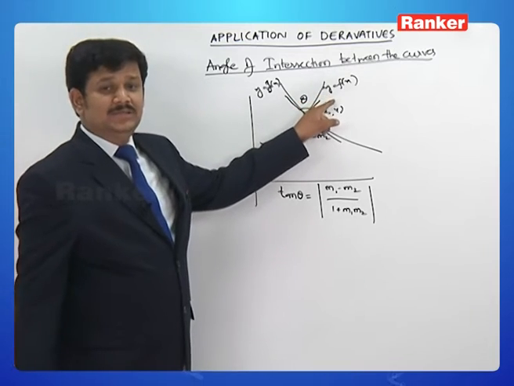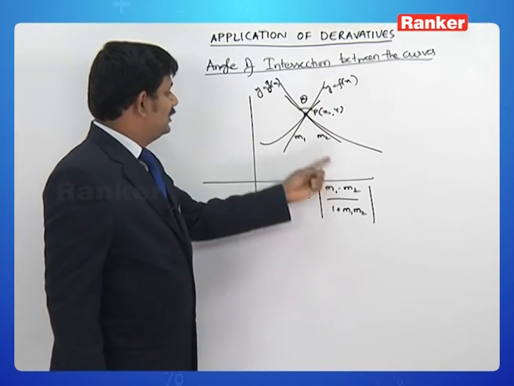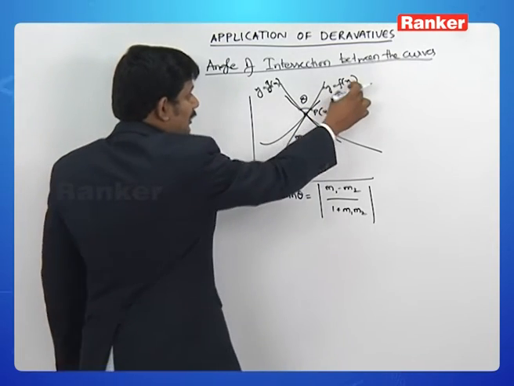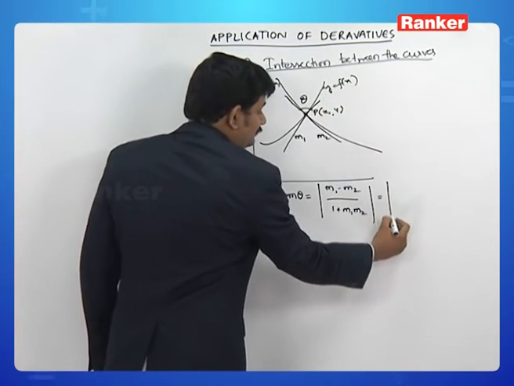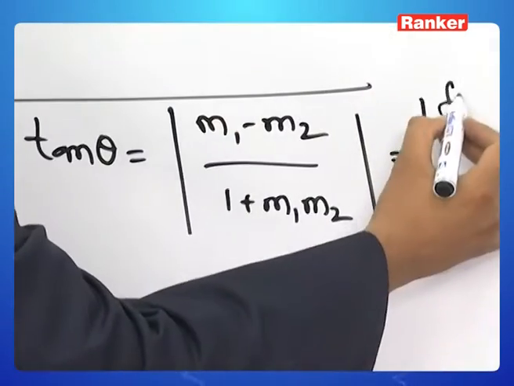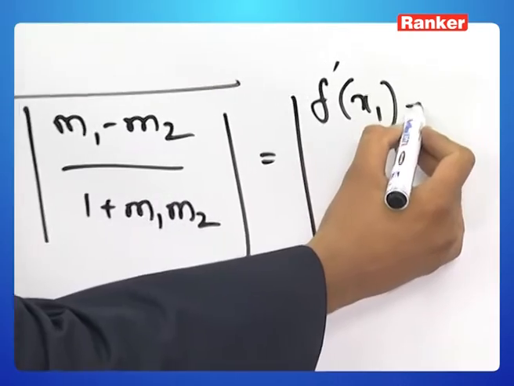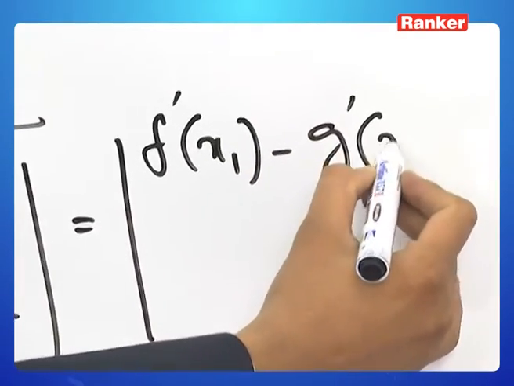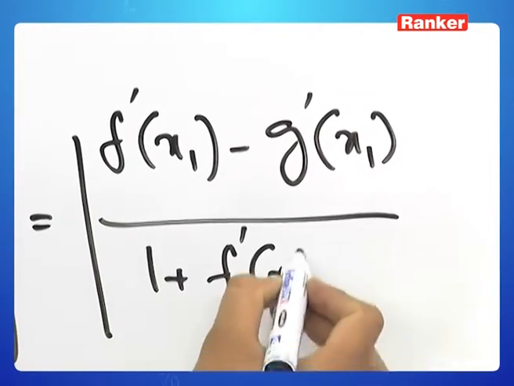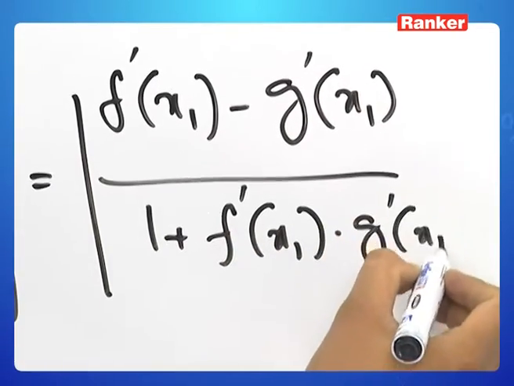Angle between the tangent lines is given by m1, slope of the tangent to one curve at x1 comma y1, which is f dash of x1, minus g dash of x1 divided by 1 plus f dash of x1 into g dash of x1.